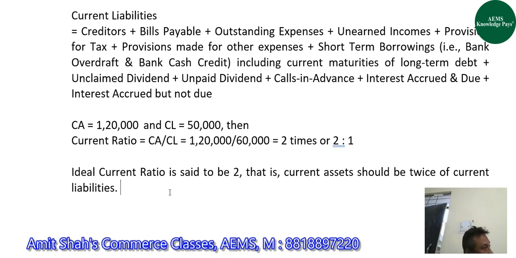I hope you're understanding this, guys. Suppose you have too much of stock in your business, but you are able to sell very less. Think of the other business which has very less stock, but it is able to sell more. Which business is better? The first one or the second one? Second one. It means a business should not block its money, should not invest its money much in current assets.